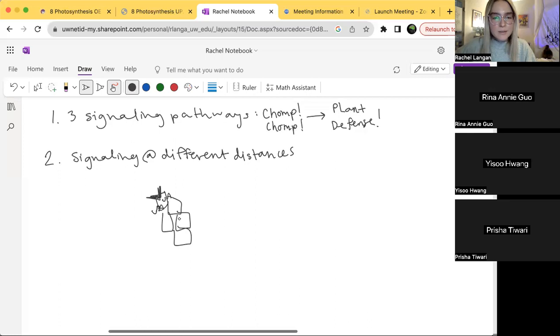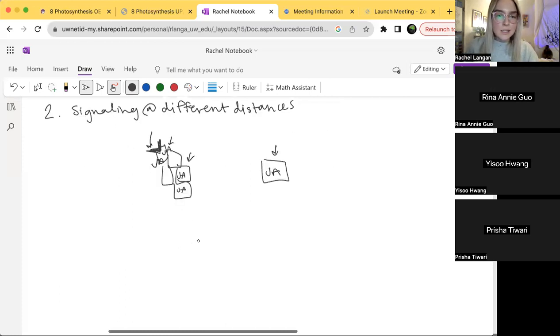How do we get it to nearby cells? And then how do we get JA signaling to happen in really far away cells? If this is where the damage happened, how can we get signaling at all these different distances? That's what you need to know for the test.